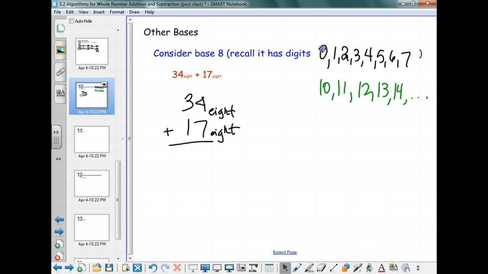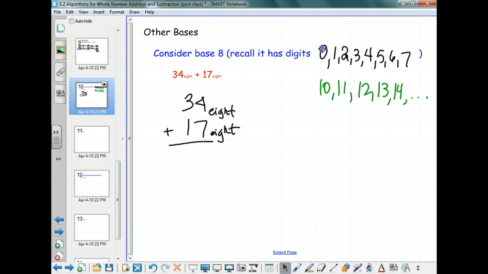And we keep going until we get to 1, 7, and then it would become 2, 0. So what's happening is we run out of digits. And when we run out of digits in our base system, it becomes a 2-digit number. But when you run out of digits in base 8, it becomes also a 2-digit number.